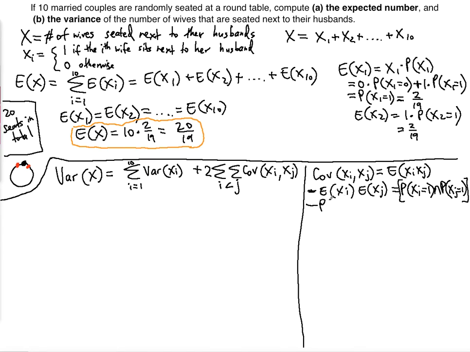So the probability of xi equal to 1 times the probability of xj being equal to 1.